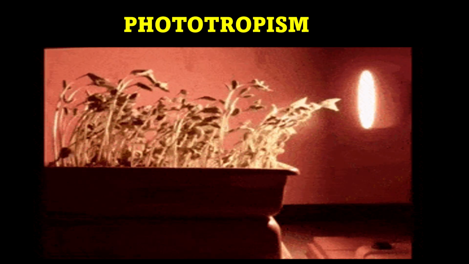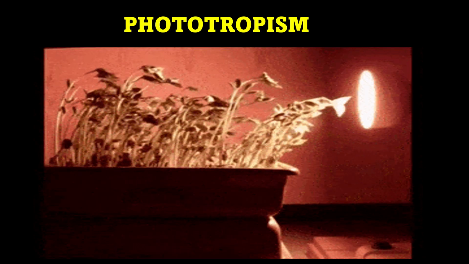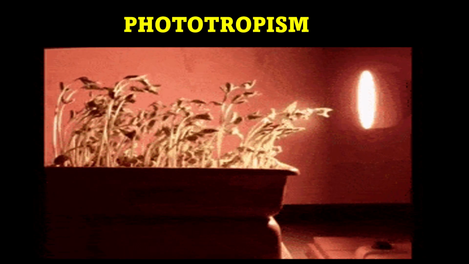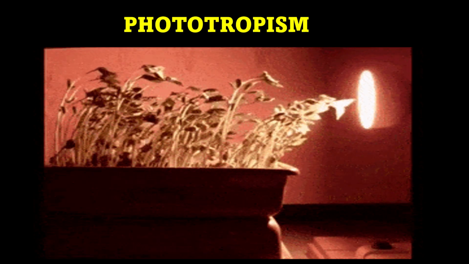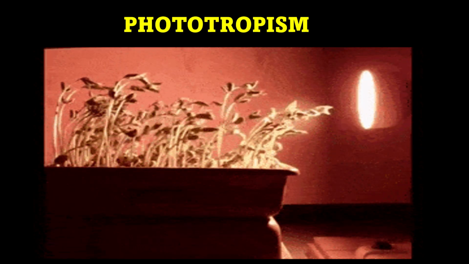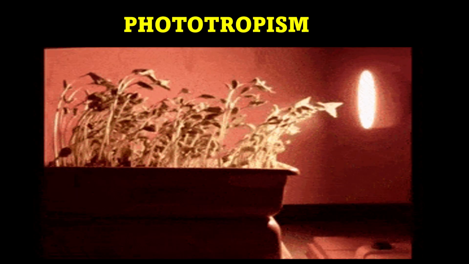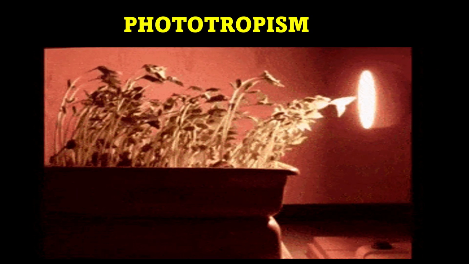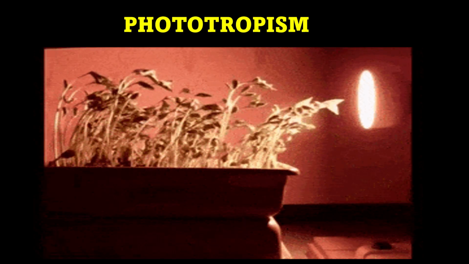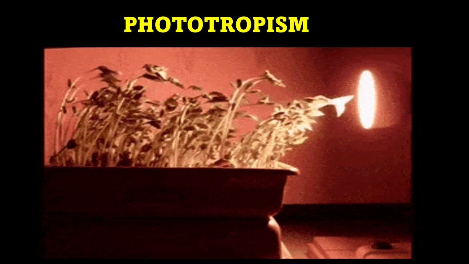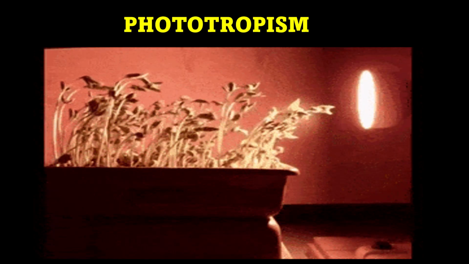These things are happening because of the effect of auxins. The auxins on the side facing the light are destroyed, and the auxins on the side facing away from the light source are not destroyed. Hence, more auxins are on the dark side than on the illuminated side. It will cause the plant to bend towards light.